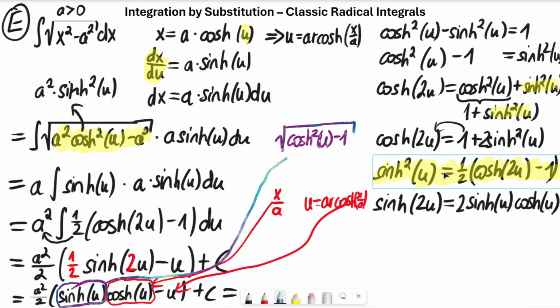You see it from the first line. From the second line, it's visible more clearly. Hyperbolic sine is square root of hyperbolic cosine squared of u minus 1. And now, you know what is cosine hyperbolic u? It's x divided by a once again. So this means this expression is square root of x squared divided by a squared minus 1.